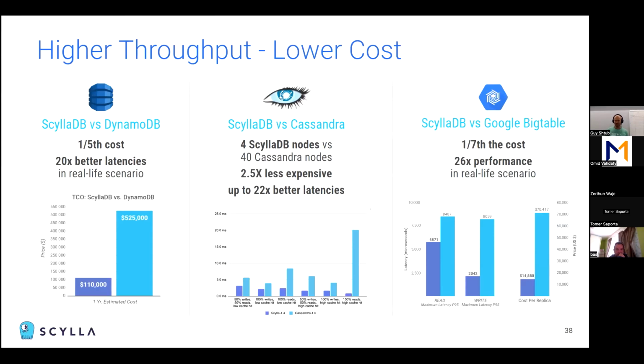These are some comparisons. I don't want to go into it, but basically, by using ScyllaDB, users get high performance. That means high throughput and low latency with a lower total cost of ownership. If you're interested, you can look at our website and see benchmarks and comparisons and so on.